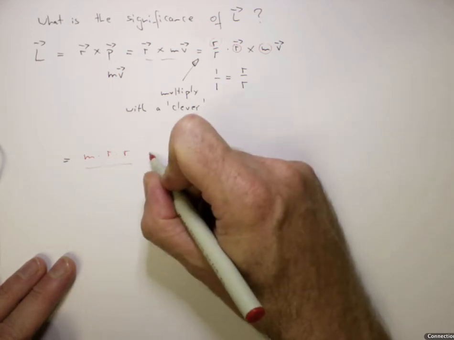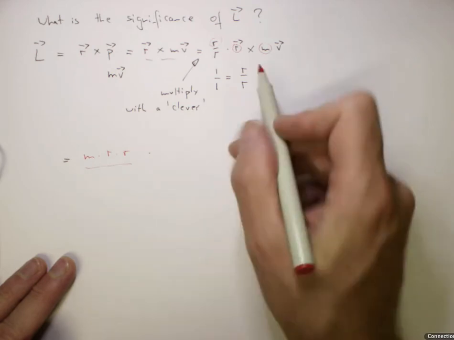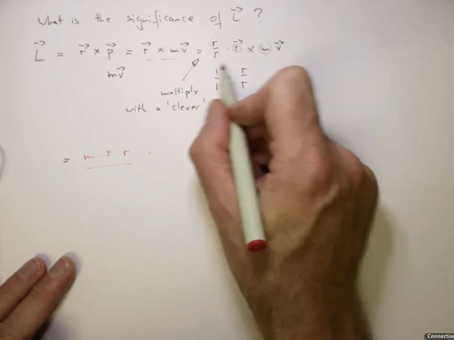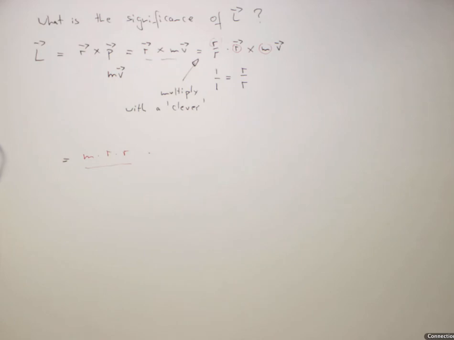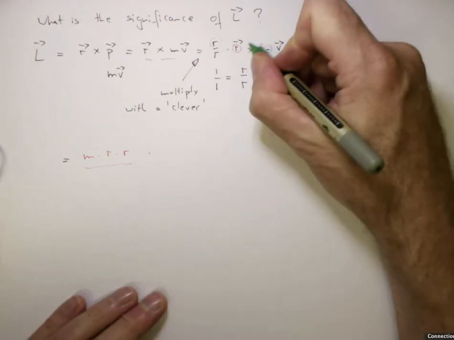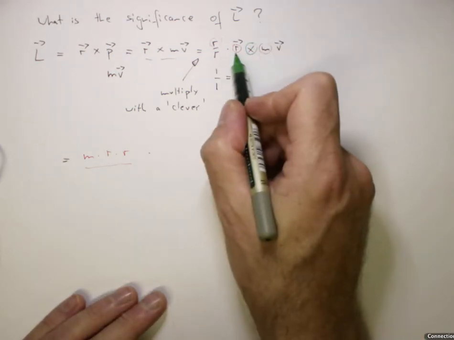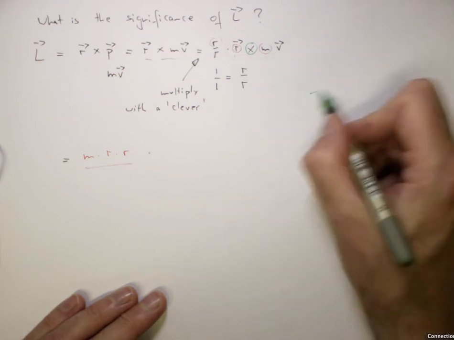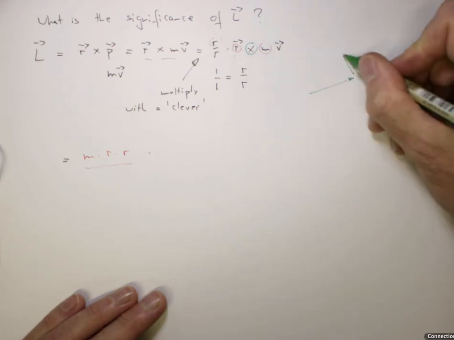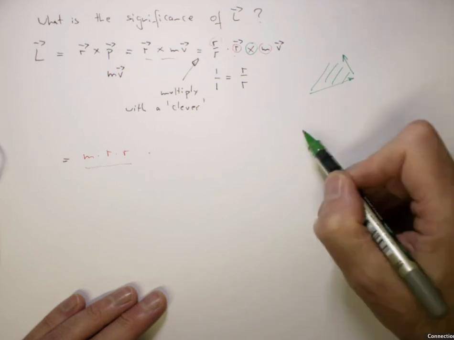And working out the direction of this vector, the cross product r cross v, has to be perpendicular to this plane.